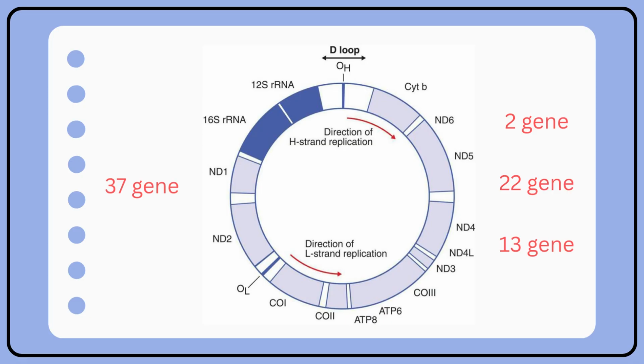Interestingly, the genetic code of mitochondrial DNA differs slightly from that of nuclear DNA. So we have different genetic code in some cases between nuclear DNA and mitochondrial DNA, which reflects their unique evolution.